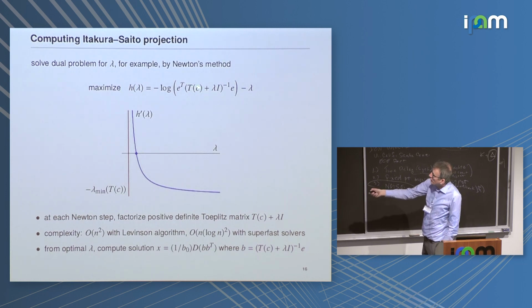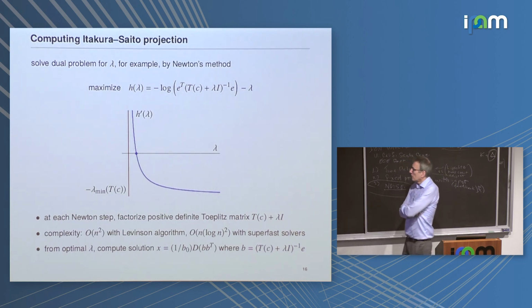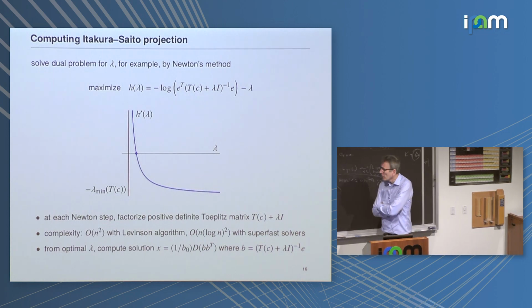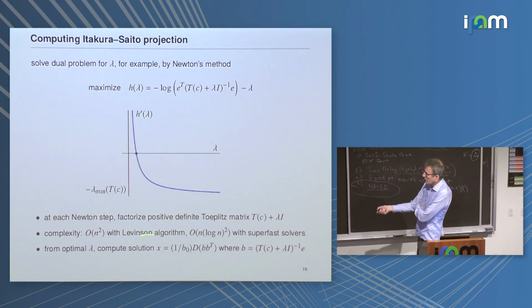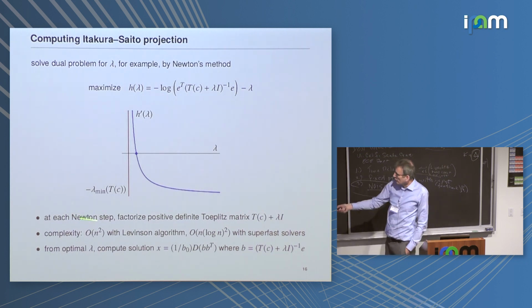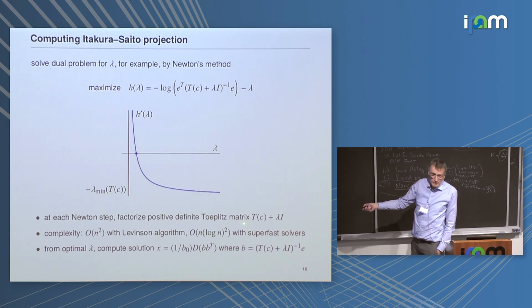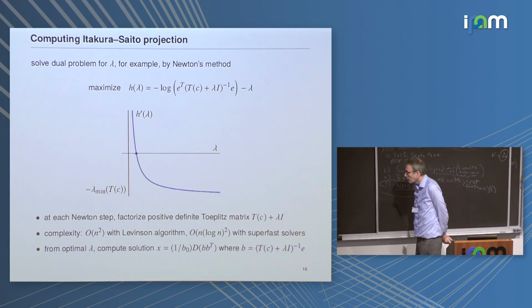And then you have to solve for this vector, so the inverse times E. That can be done in order n squared operations using the Levinson algorithm. And there are actually many faster versions that people refer to as super fast Cholesky solvers that do it in less than n squared, and the complexity, I think, is n times the square of log n. That's maybe the fastest ones.